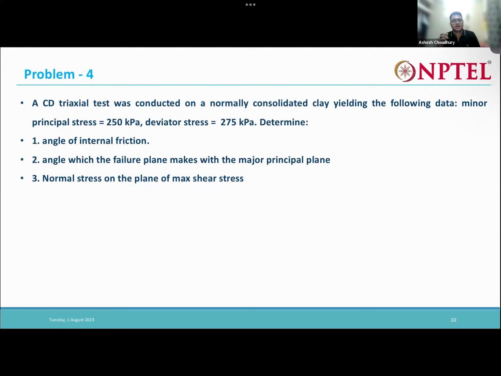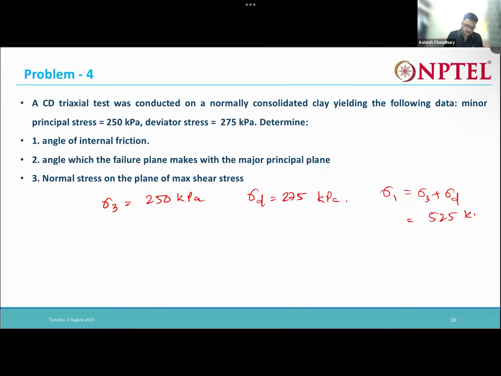Now, this sigma 3 is given to us as 250 kPa, and this deviator stress is given as 275 kPa. The sigma 1 will be sigma 3 plus the deviator stress, which is 525.